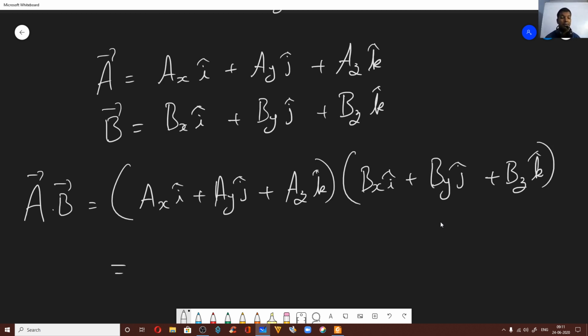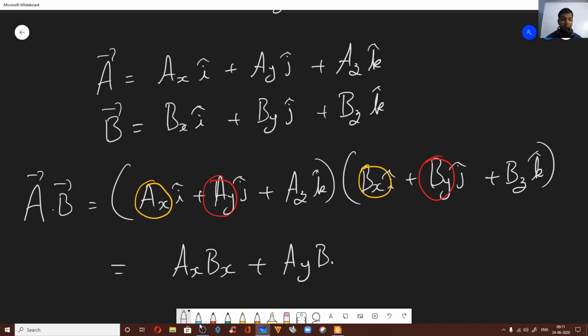Now please listen carefully. You have to multiply ax with bx, then write the product, so you'll get ax bx. Remember, the end result is always a scalar; it has only magnitude. Then you multiply ay and by, so add ay by, then add the product of az and bz.